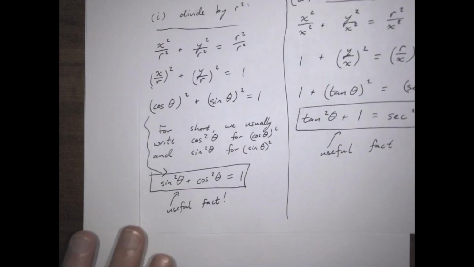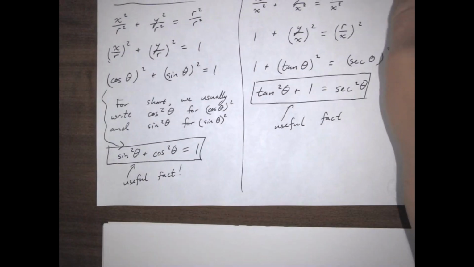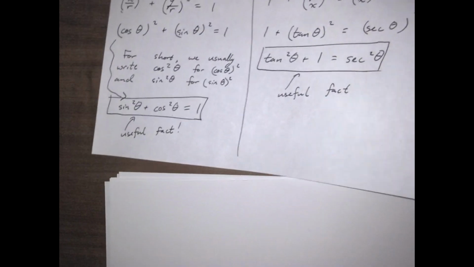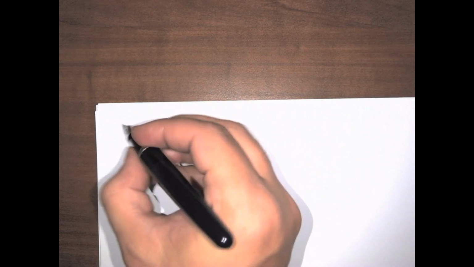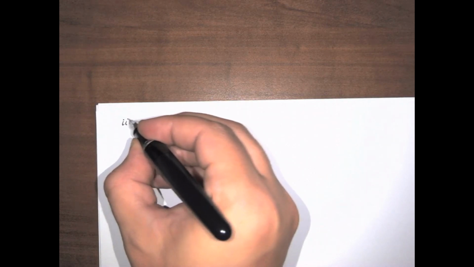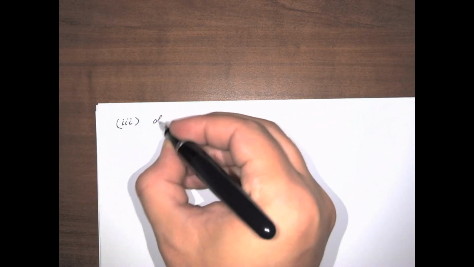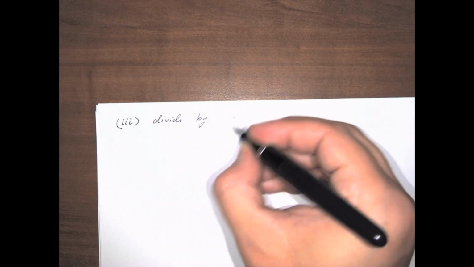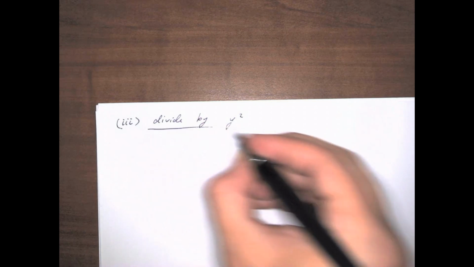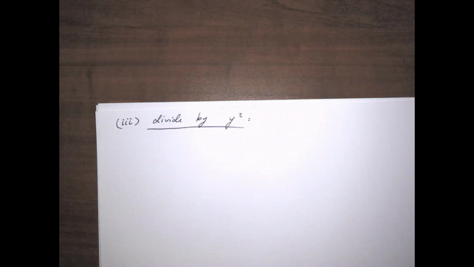All right. So that's also a possible road that we could have taken with the x squared plus y squared equals r squared. But if we can divide by the x squared, why can't we divide by the y squared instead? So divide by y squared.